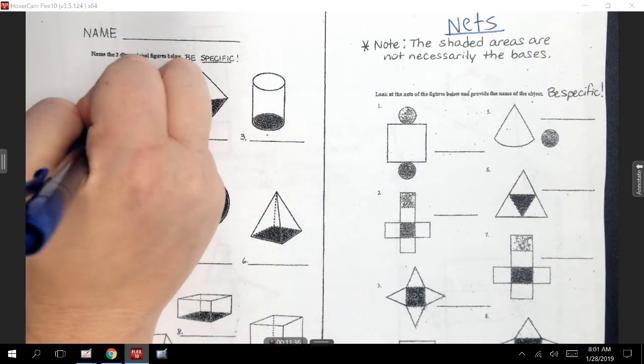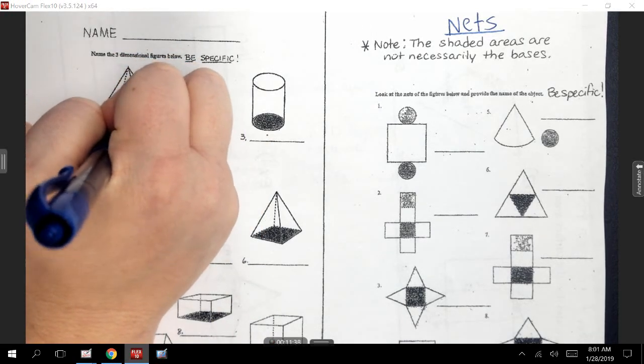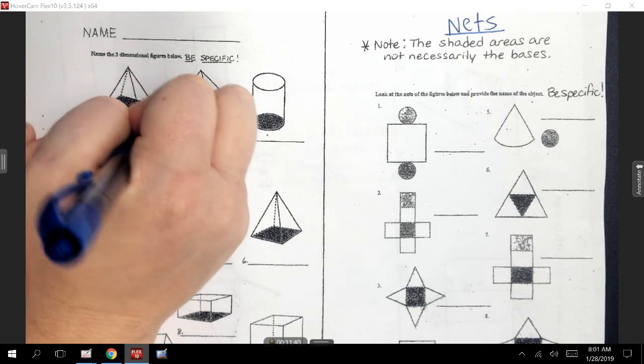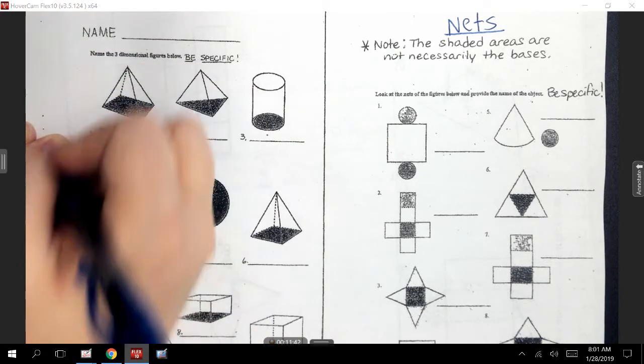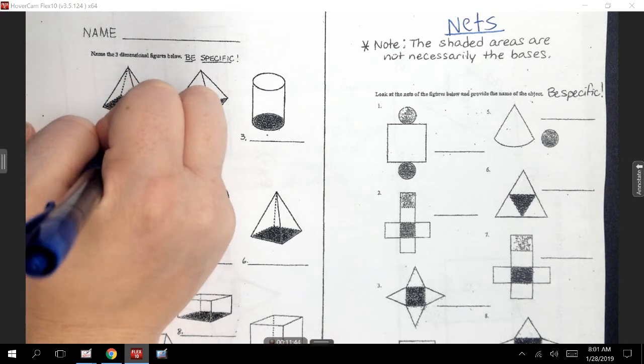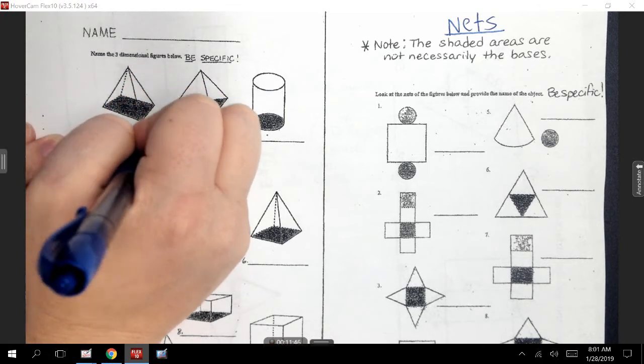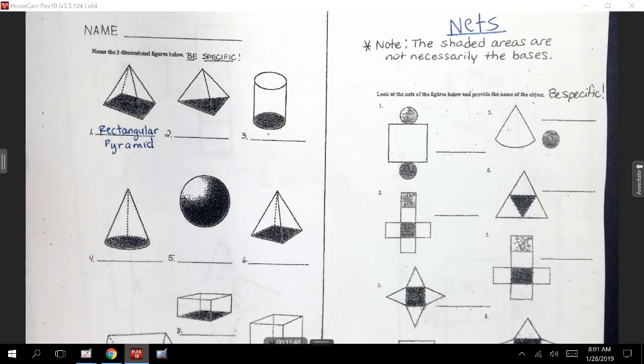Number one is a rectangular pyramid. Why is it a rectangular pyramid, Gabe? The base is a rectangle. And on a lot of these, that shaded spot is the base, but some of these it might not be.